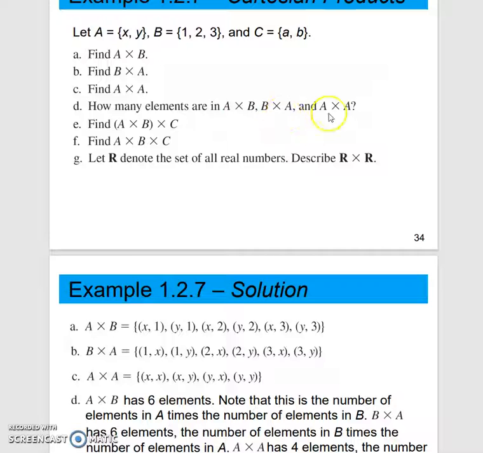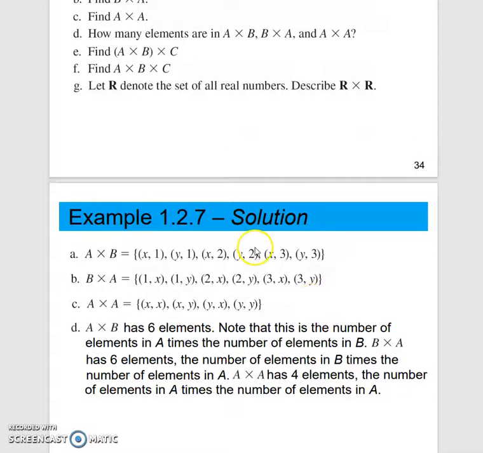How many elements were in each of those first 3 crosses? We've got them listed so we can read them pretty easily. A cross B and B cross A both had 6, and you'll notice that is the number of elements in B times the number of elements in A. And then A cross A had 4 elements.